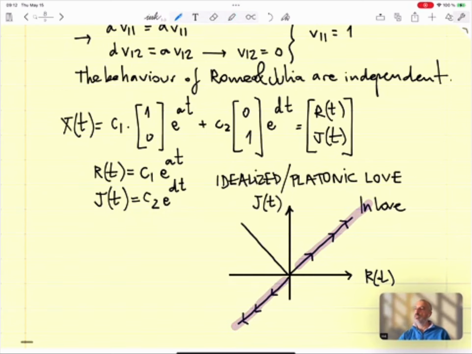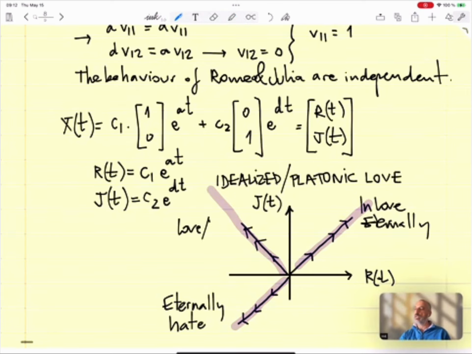Eternally in love here, and here eternally hate. Okay, so if Julia loves Romeo but Romeo hates Julia, this will increase also. So Julia will love and suffer forever, and Romeo will hate Julia forever. Love-hate, eternal, and the same thing will happen, eternal love-hate in the other way around, if Romeo loves Julia but Julia hates Romeo.